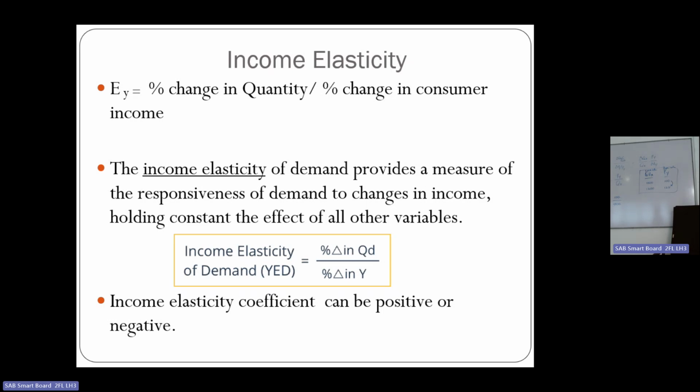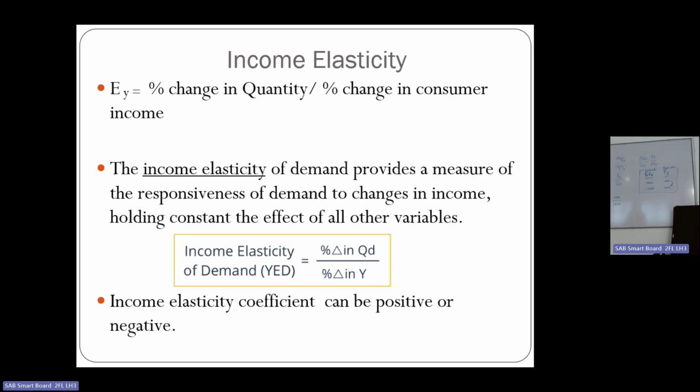So how do we calculate income elasticity? Percentage change in demand divided by percentage change in consumer income. That is the responsiveness of demand due to change in the consumer's income. It's given by income elasticity.